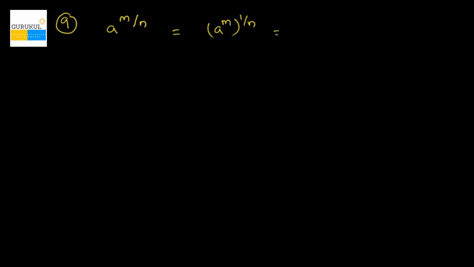Using the previous law, you can write this as the nth root of a to the power m, or as a raised to the power 1 by n, whole raised to the power m, which is equal to the nth root of a, whole raised to the power m.